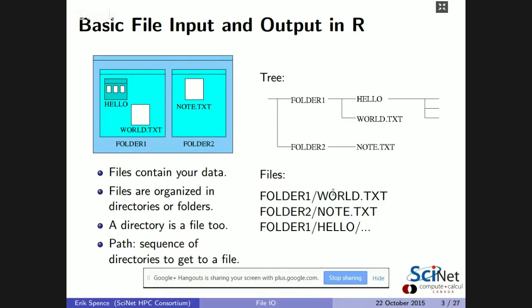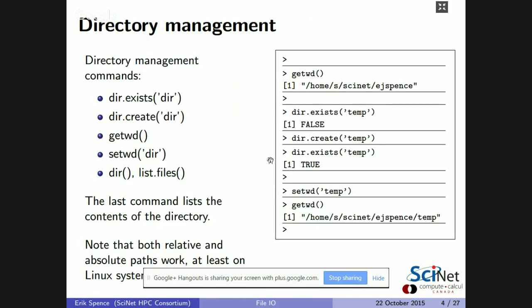Okay, now in Windows, directories are called folders as well. We use the term directory in Unix, and so that's the term I'm going to be using, but folder works as well. Here's an example of a path. This is my home directory on Cynet. If you type the command getwd, it will tell you where you are on the file system right now.